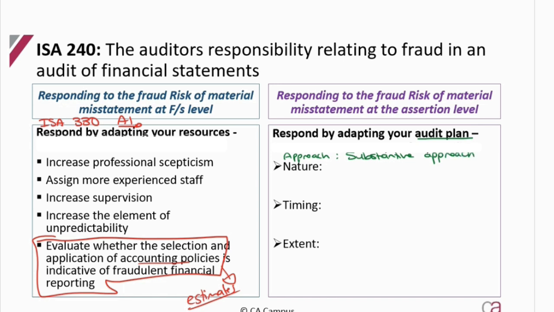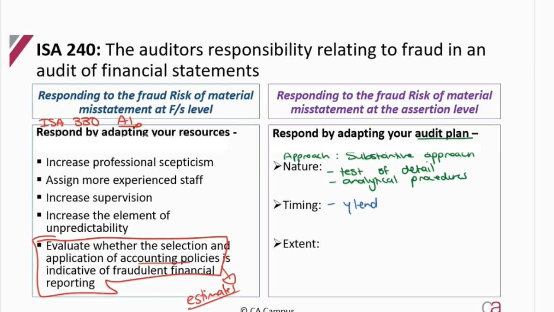And therefore the nature of your testing, you will do tests of detail and analytical procedures. The timing, you will try to come in at year end, because if you come in at an interim stage, they could still manipulate. So you come in right at the end and you don't give them a chance to manipulate and you not pick it up.